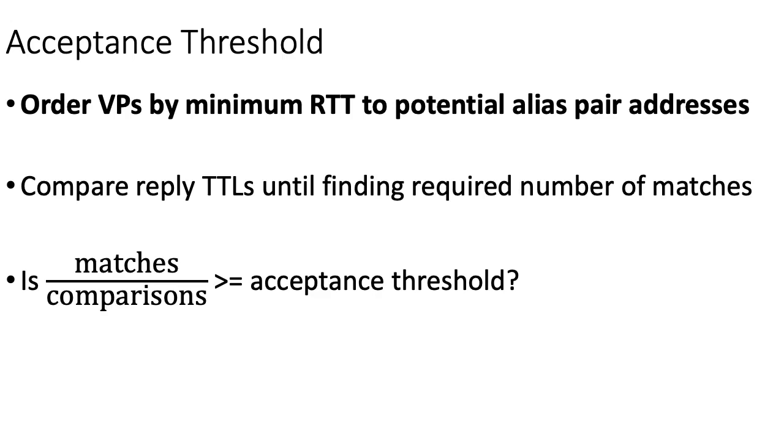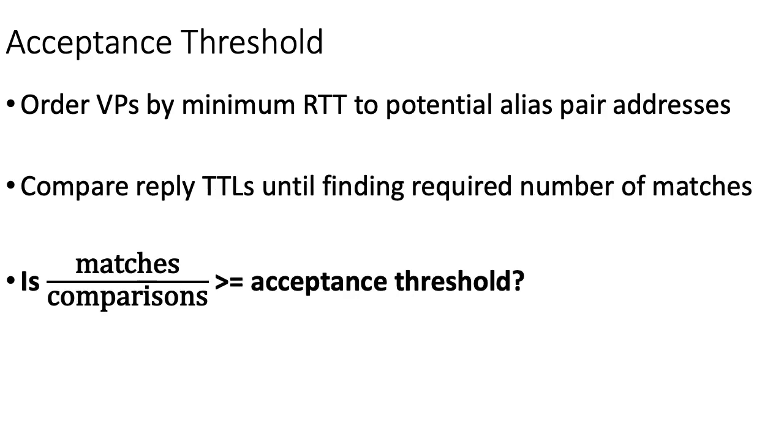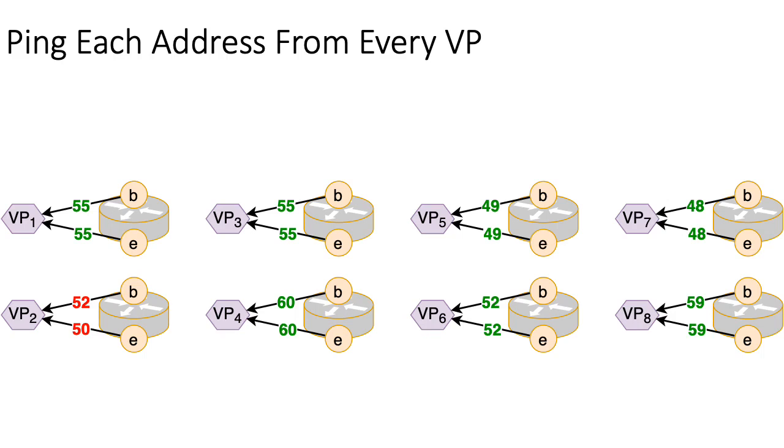Basically, I think there's less of a chance that the reply will encounter a network technology that could mess up my approach. Then I compare the reply TTLs in sorted order until I reach the minimum number of required matches. So basically, the acceptance threshold tells us the minimum acceptable ratio of matches to comparisons.